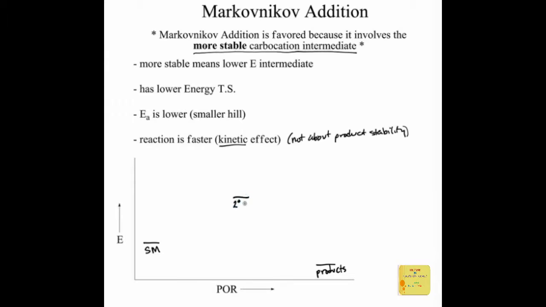And if this represents our secondary carbocation, the other path leading to the primary carbocation would be higher in energy. So these are the two possible paths that we can take. Our starting material can go to the secondary carbocation and then on to product, or the starting material can go up all the way to the primary carbocation and then down to the product.